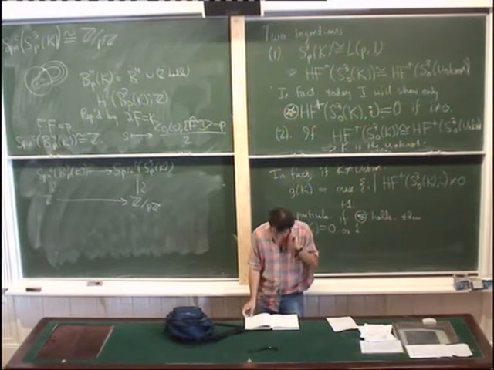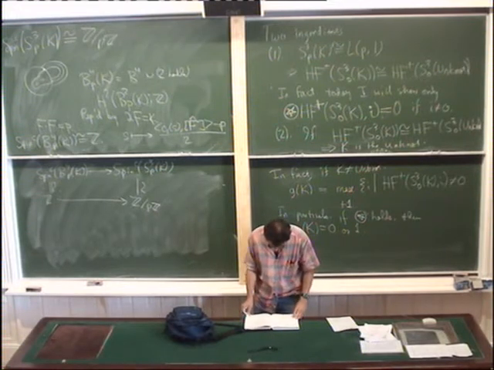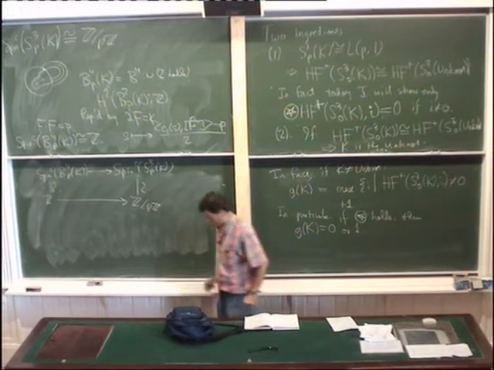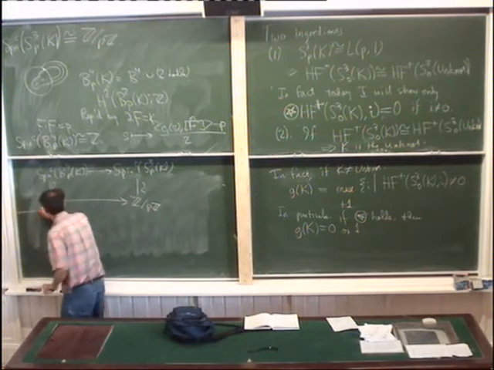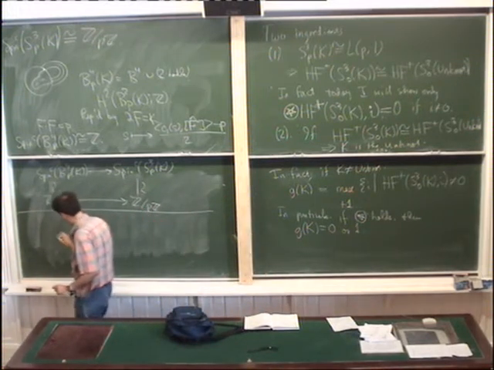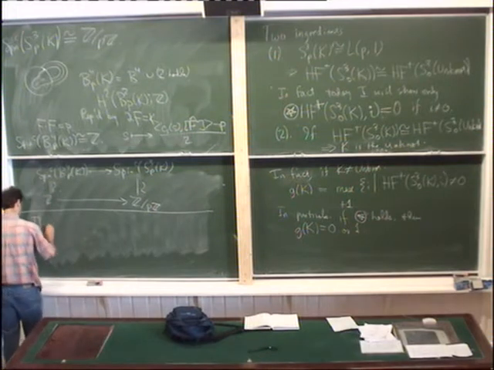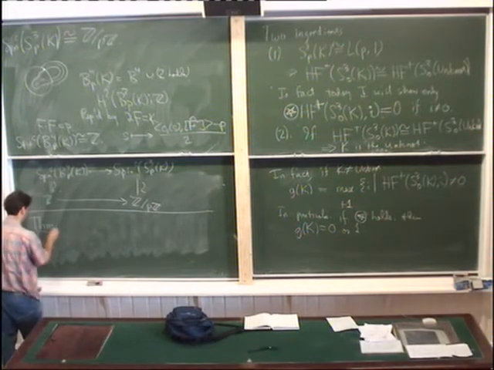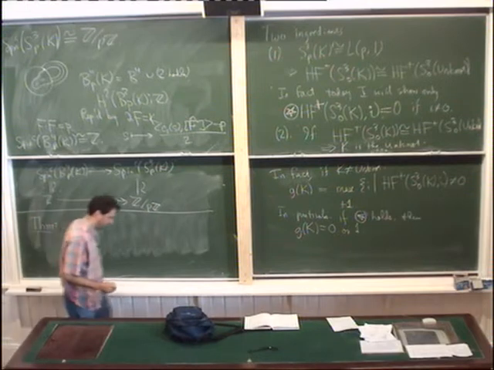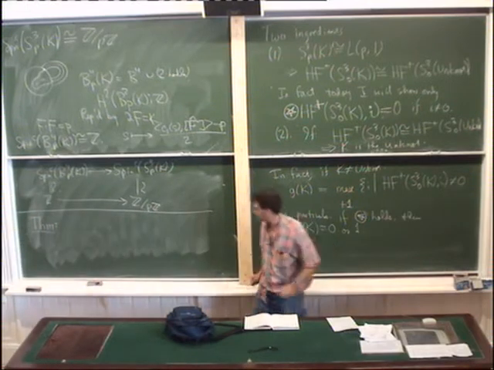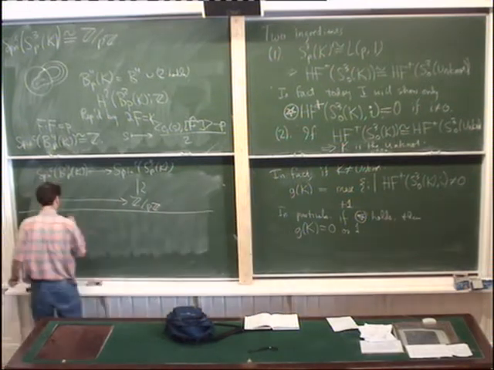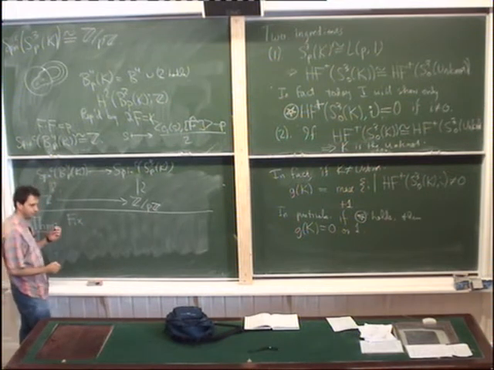Okay. So, the version of the exact triangle we would like to use is the following. Fix a spin C structure on the plus P surgery.